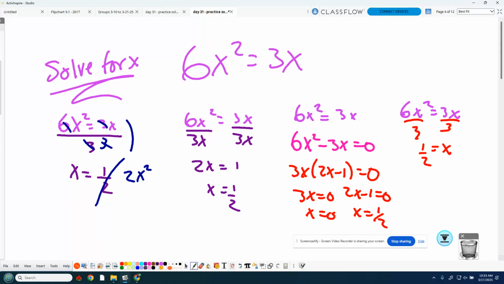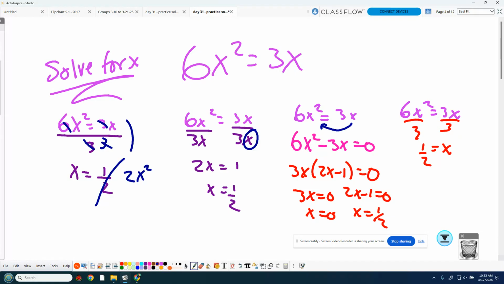And now if you divide by x, can x ever be 0? It can be 0. Am I allowed to divide by 0? No, so that's a problem. Here, dividing both sides by 3x, I get 2x equals 1, and x equals a half, which, yes, but same issue. Dividing by 0, it's a problem.